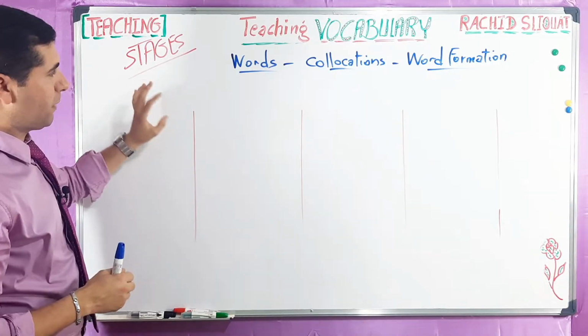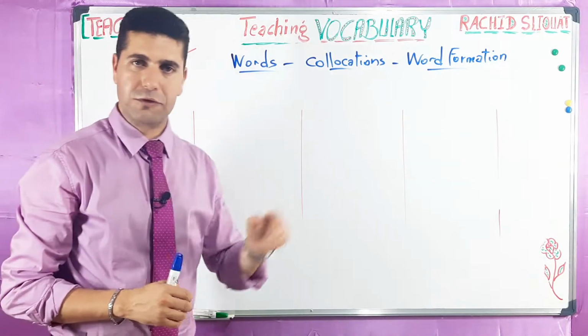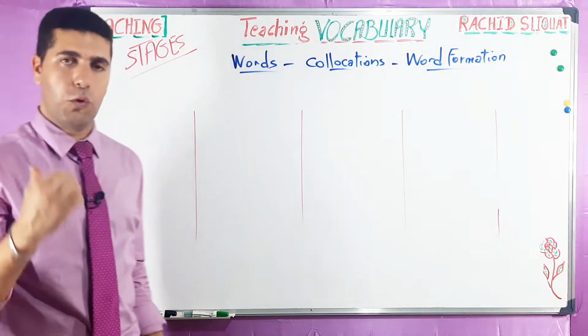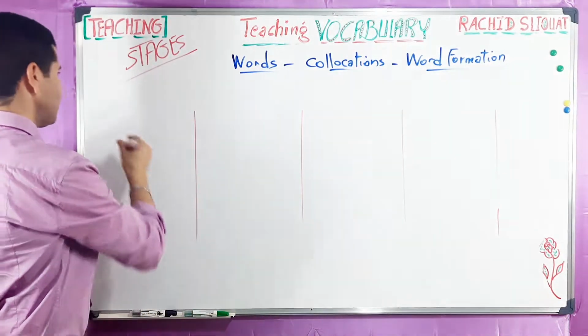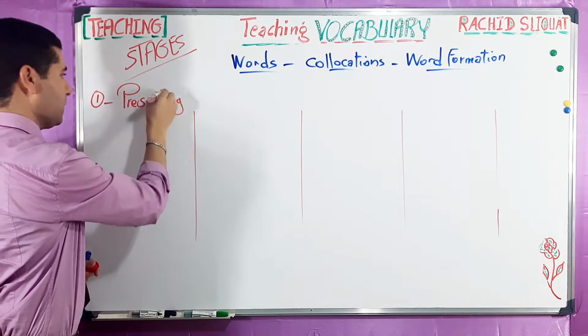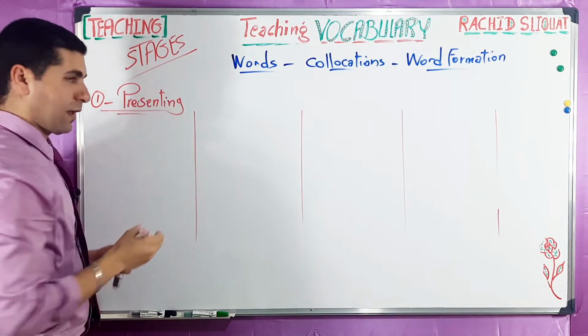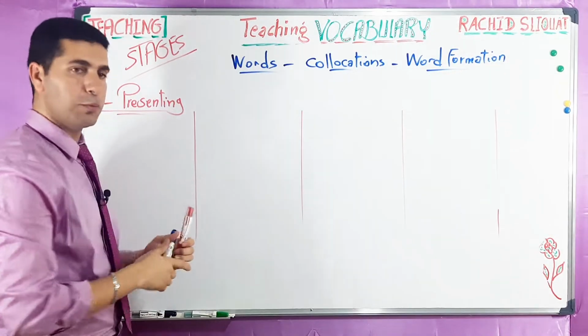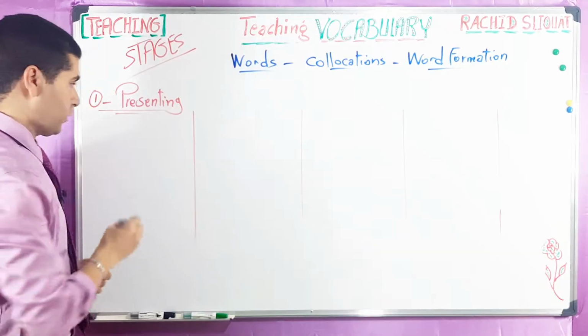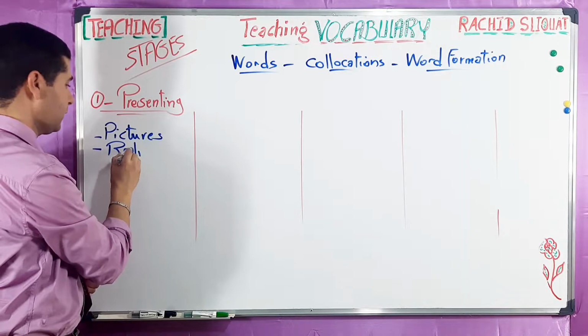Okay, so when we talk about the stages of teaching vocabulary, the first stage is what we saw last time, which is presenting. So this is number 1. You present vocabulary using pictures, for example, or using realia, for instance.